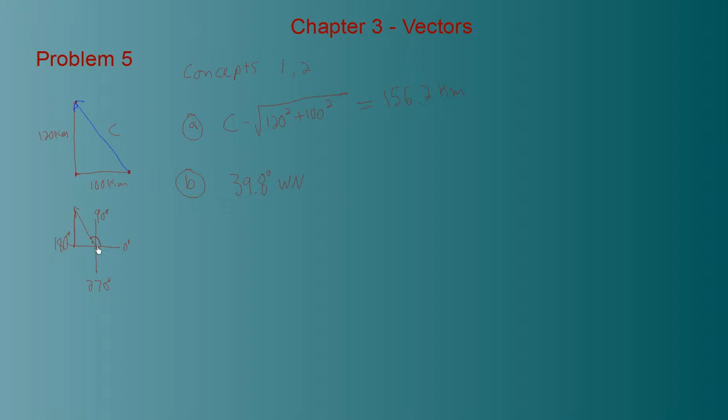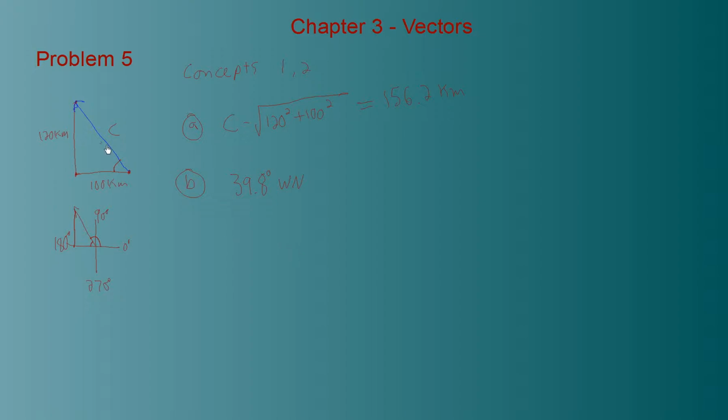If I find this little angle in that triangle, which I can do using SOHCAHTOA, concept 1, then I'll just subtract that from 180 and get the rest of it, because 180 goes from here all the way down to here. If I get rid of this little piece, that will give me what's left over. So let's find this little piece, which is this angle.